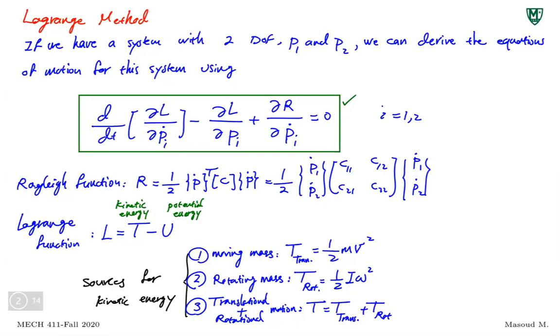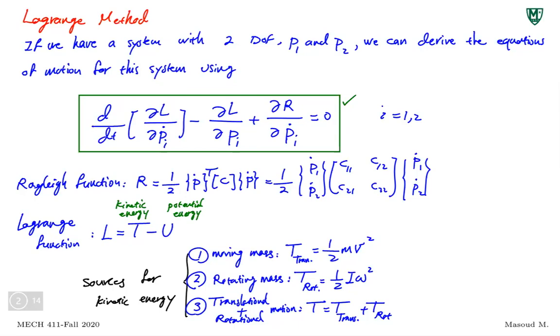Take the derivative with respect to the velocity of the first degree of freedom, take the derivative with respect to time of that, then minus the derivative of the Lagrange function with respect to that degree of freedom. And if you had a Rayleigh function, if you had damping, something dissipating the energy, you could use the last term as well. That's how it works. That gives you the equation of motion for that degree of freedom, i equal to 1. Then you go to i equal to 2, the second degree of freedom. You already have your Lagrange function, so you're just taking derivatives.